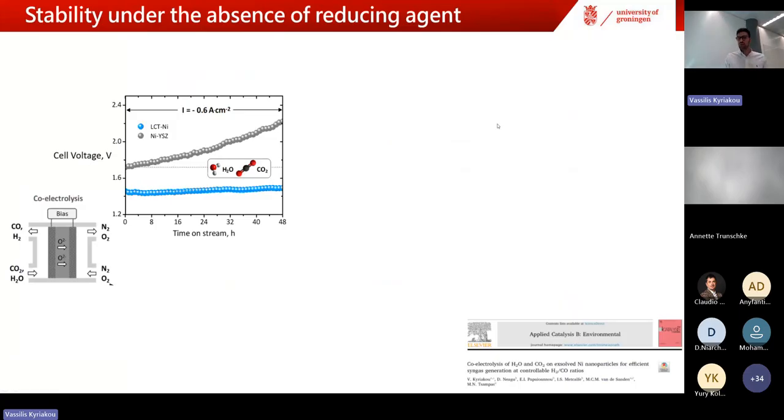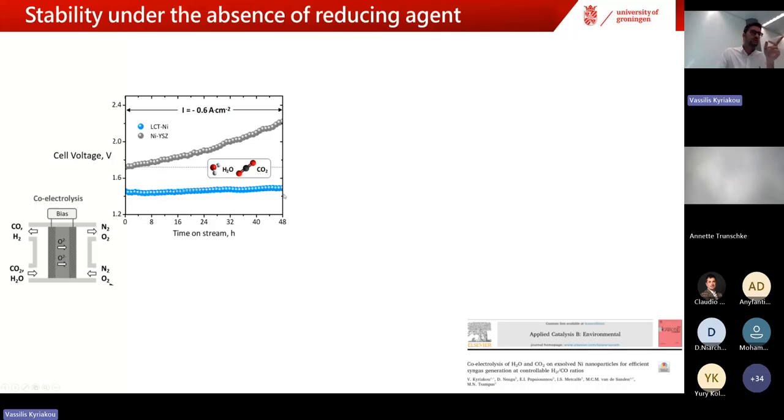That means that the nickel could be sustained in a metallic state, and therefore we couldn't see the effect of the coarsening that I showed you some slides before. What happens if we remove the hydrogen? There is no safe gas in the environment of the cathode. If you just co-supply water and CO2, you can even control the ratio of hydrogen and CO if you apply the voltage.